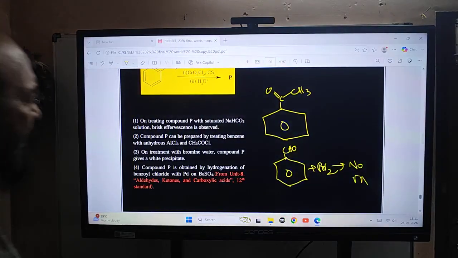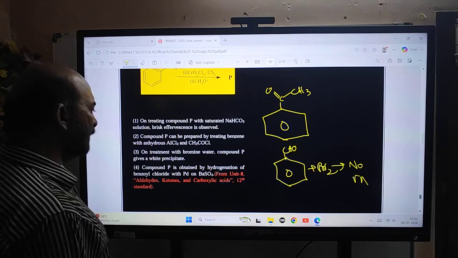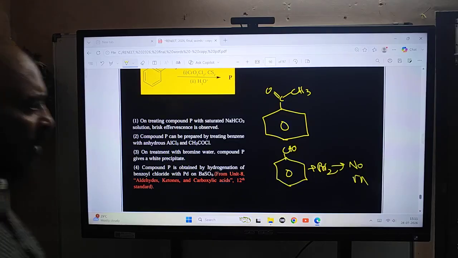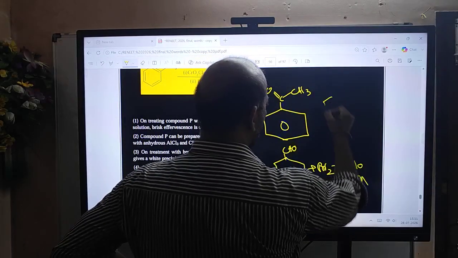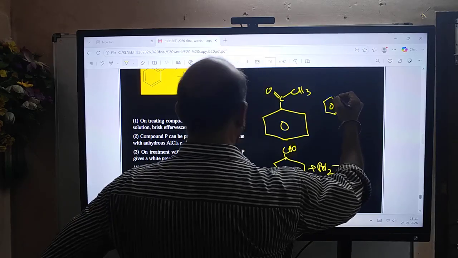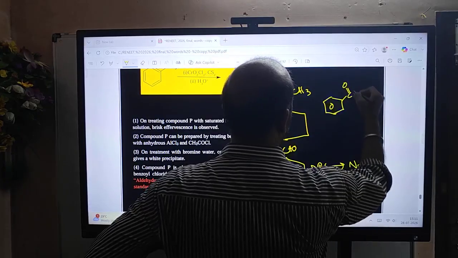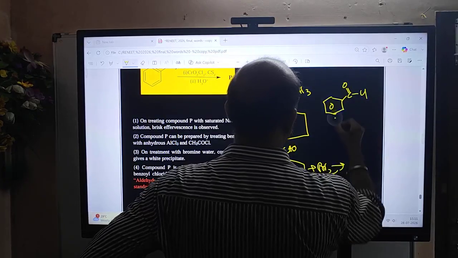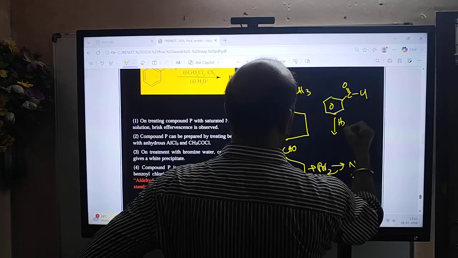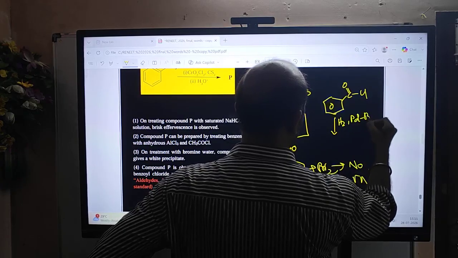Compound P is obtained by hydrogenation of benzoyl chloride with palladium on barium sulfate. That is correct. Benzoyl chloride, we know. Rosenmund's reduction, we are familiar with that. COCl, hydrogen, palladium, barium sulfate.